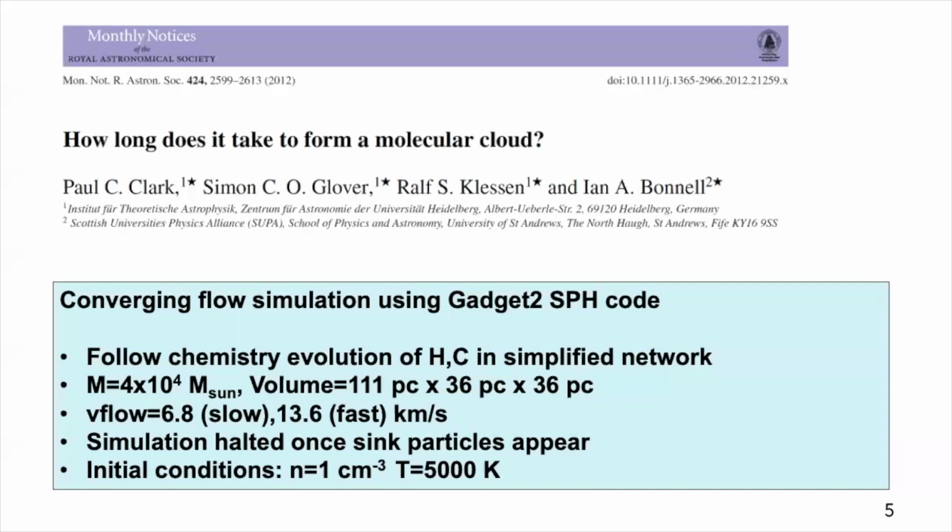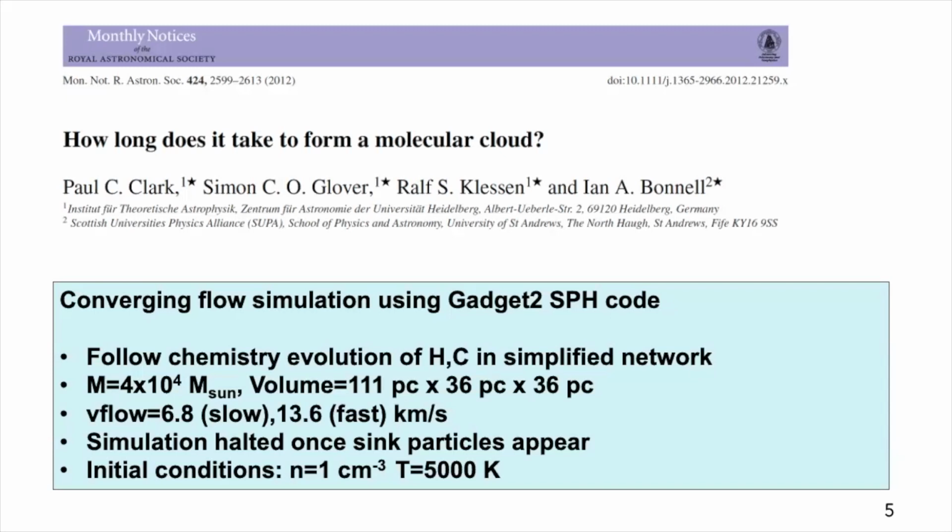I'm going to discuss converging flows. The first paper I'm going to talk about is a simulation paper where they simulate two colliding atomic clouds. They follow the chemistry of hydrogen and carbon in a simplified network. The total mass is 40,000 solar masses, so each cloud is 20,000 solar masses.